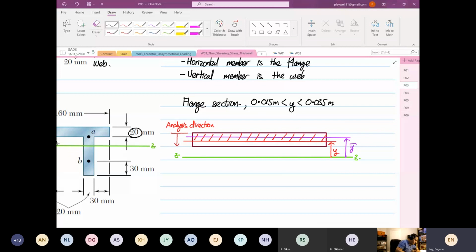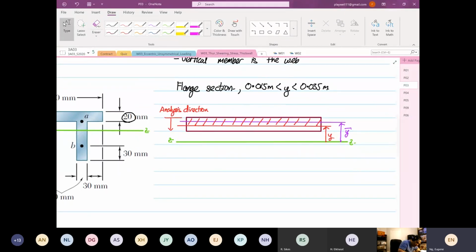Okay, so from here we can calculate the first moment of area about the z-axis for the flange, which is equal to A y bar. Okay, A, so as I said, I like to do width multiplied by depth, and then y bar.